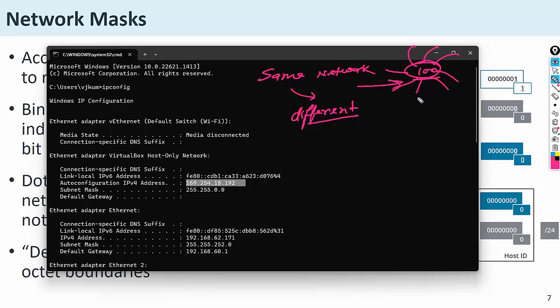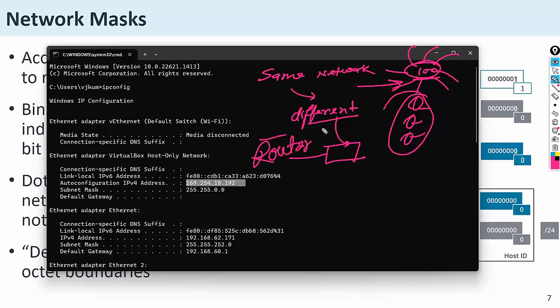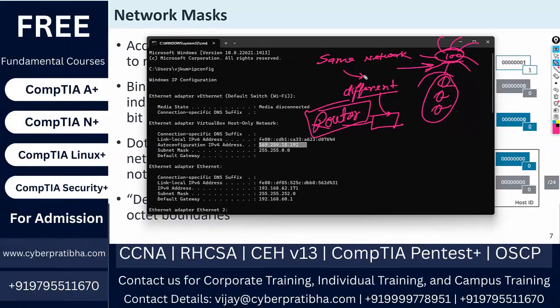But your colleague, your relative, your friend, anyone who belongs to your network, you can communicate with them. If you want to communicate with a different network, one device is required. It is called a router. A router makes the communication between different networks. So the network will be identified by the subnet mask or network mask. Got you?